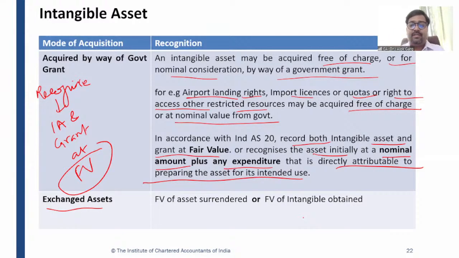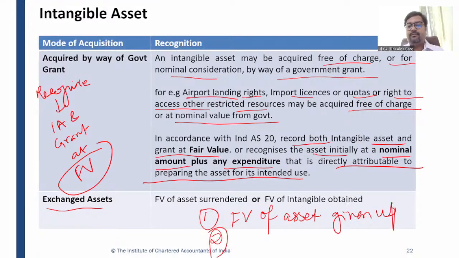What is the first weightage? The first weightage is for the fair value of the asset given up. What is the second weightage? If the fair value of the asset given up cannot be identified reliably, then you have to go for the fair value of the asset acquired.